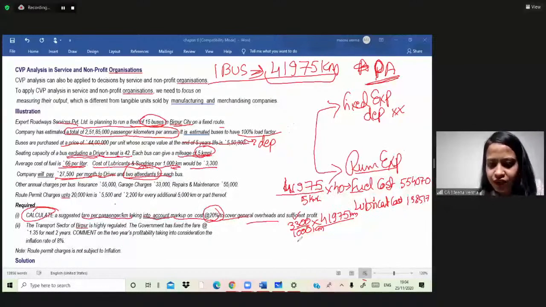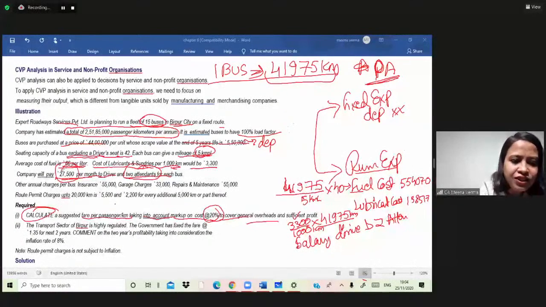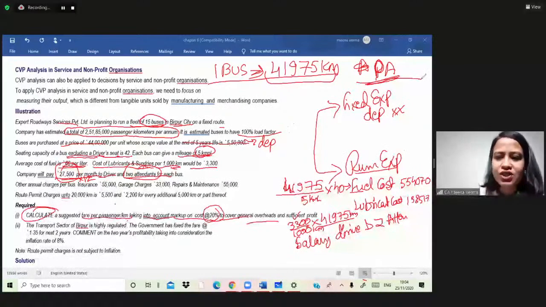So the cost of salary to the driver and to the attendants. What is the salary to the driver? It is 27,500 per month. So you will multiply this value with 12 because we are doing the calculation per annum. And the salary is the same for the two attendants, so you will take the same value for the two attendants also.